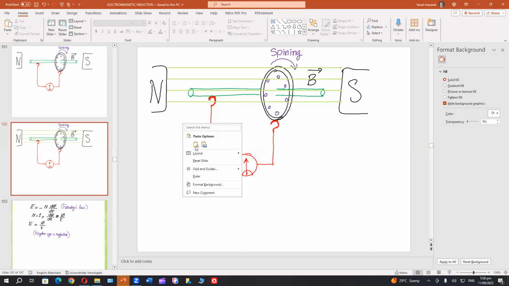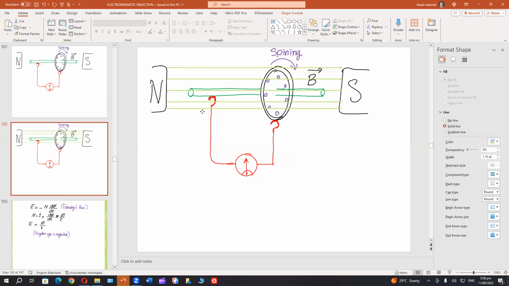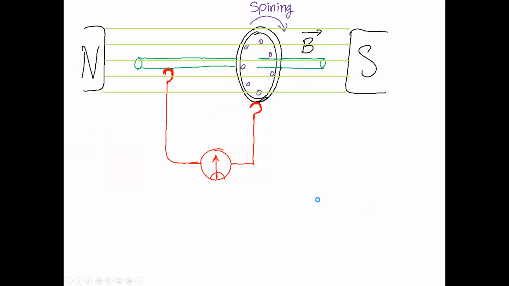As it spins, magnetic field linking the disc changes. This induces an EMF. This induces an EMF according to Faraday law.